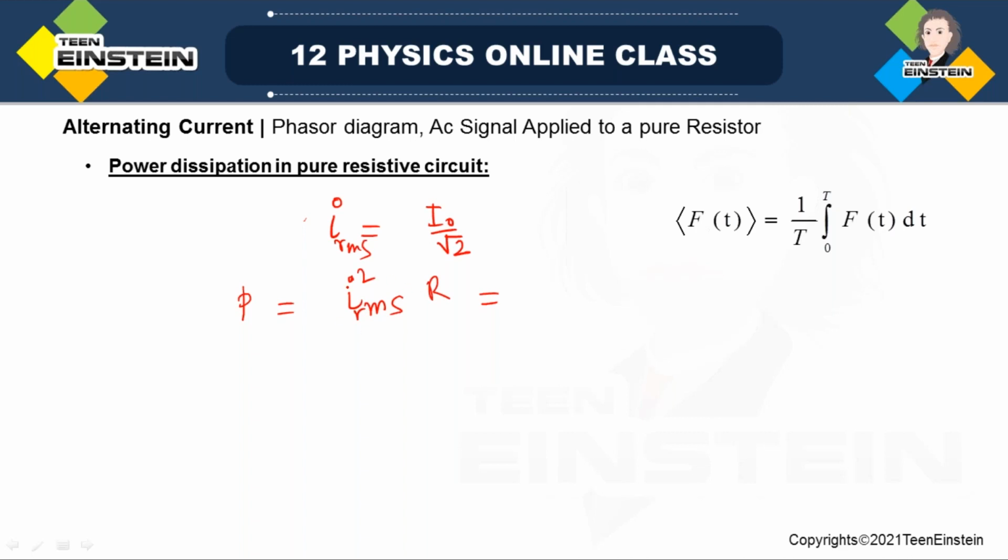We know average power as I0 squared R by 2.